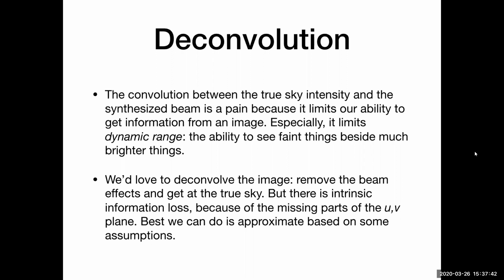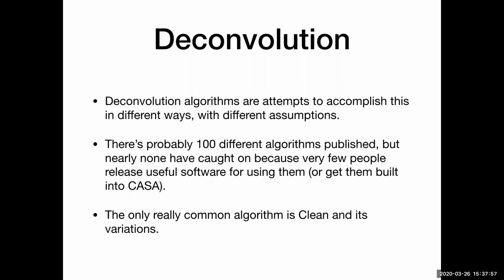These can be things like smoothness assumptions, or assumptions about typical shapes of sources, like maybe most sources are unresolved, for example. So you get different kinds of algorithms. Every algorithm has its own set of assumptions and its own methodology to try to accomplish this. And there's a ton of them. I actually have no idea how many different image deconvolution algorithms have been developed. I've seen a lot of them.